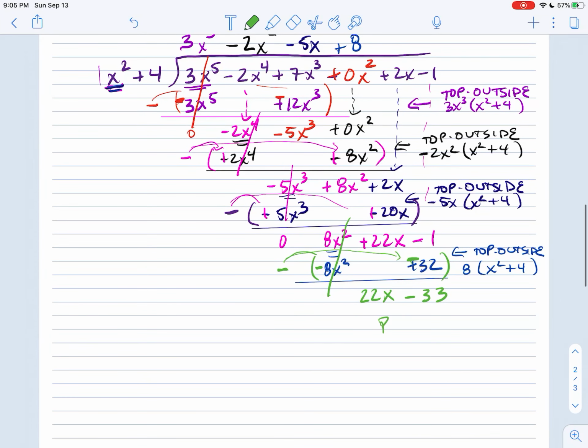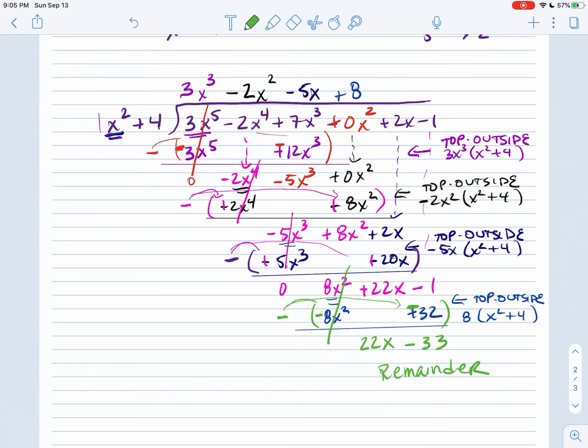And now this is my remainder because it is smaller than x squared plus 4. Good? So what do I do with my remainder? I say this is plus, and I do 22x minus 33, and it's all over the outside.